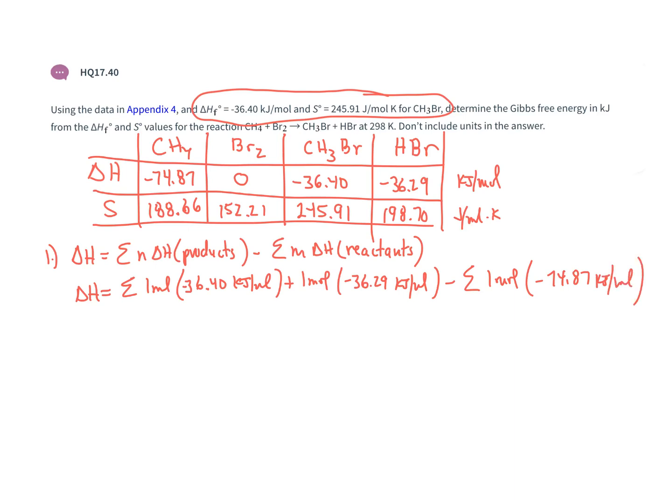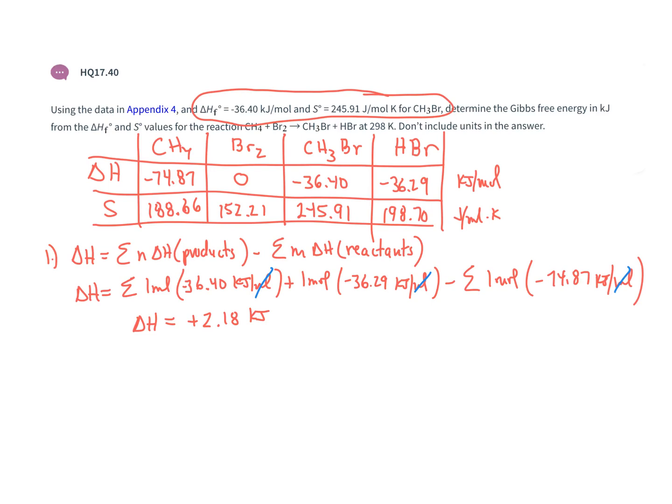When I multiply through by moles, that will cancel out, that will cancel out, that will cancel out. And I can get one step closer. My delta H, when I add these two and then subtract the negative 74.87, I get a delta H for this reaction of approximately 2.18 kilojoules.